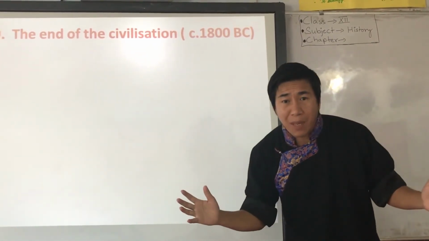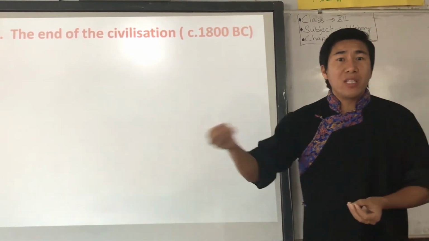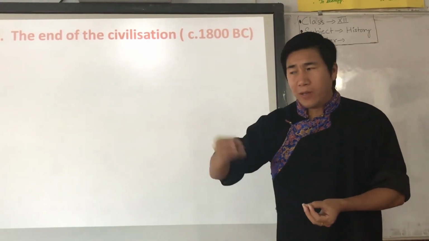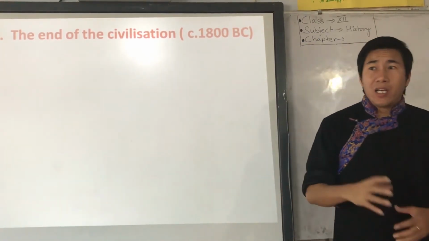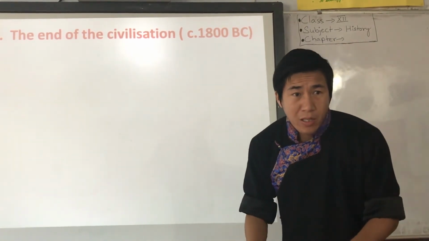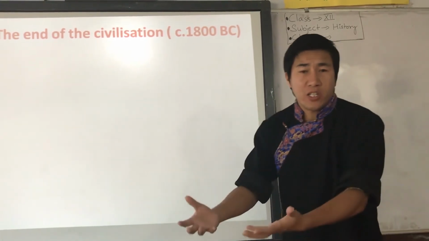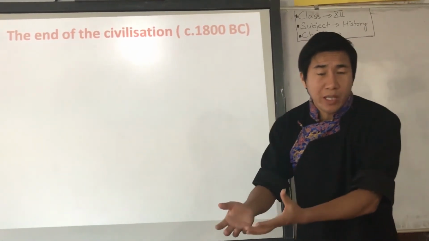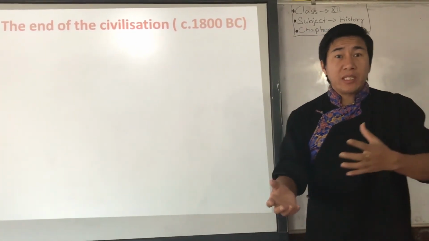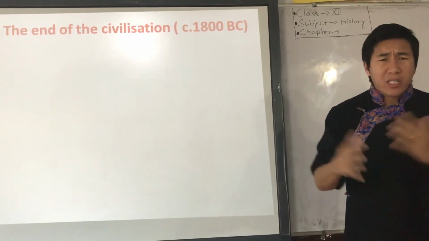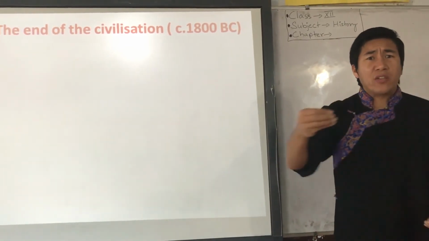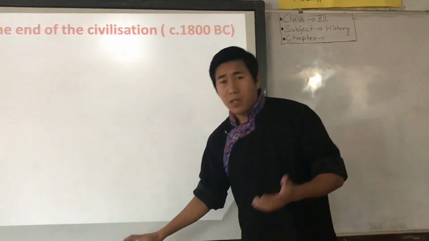Now, how did the decline happen? Many reasons have been given by archaeologists. Some say the drying up of the river. Some say flood. Some say deforestation. Some say invasions. Different people have given different ideas about the decline.